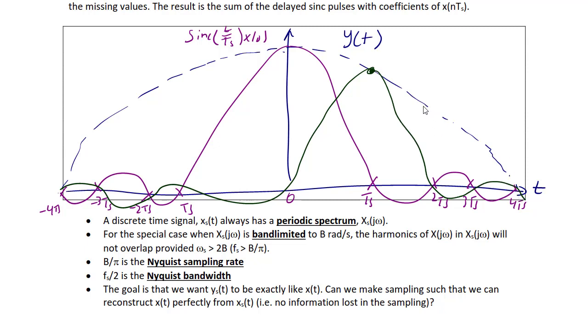And here. And this is sinc of t minus Ts over Ts, x of Ts. And then on the other side, we would also have one here at minus Ts, where the zero crossings are at multiples of Ts.